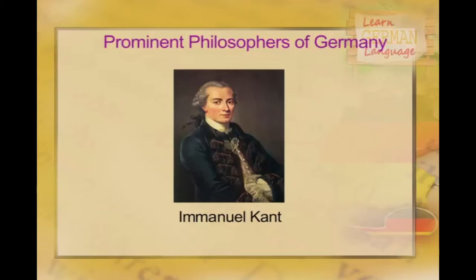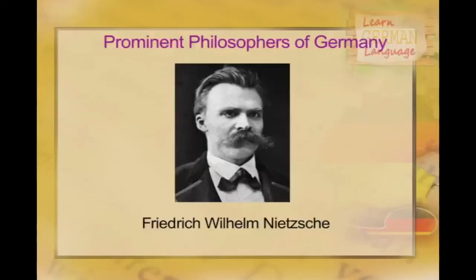He wrote many works, out of which the works on aesthetics, on morality and judgment are considered to be a few of his important works. The other important philosopher from Germany was Nietzsche, who was not only a philosopher but also a critic, poet, philologist, as well as a Latin and Greek scholar whose work has exerted a profound influence on Western philosophy and modern intellectual history.